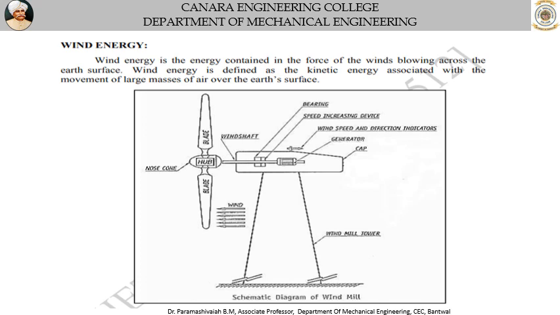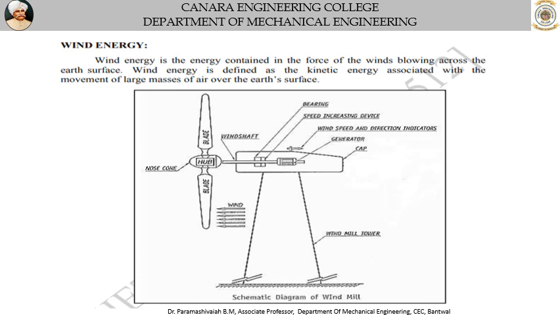Then next we move on to another renewable source of energy, that is wind energy. Wind energy is the energy contained in the force of the winds blowing across the earth's surface. It is defined as the kinetic energy associated with the movement of a large mass of air over the earth's surface.